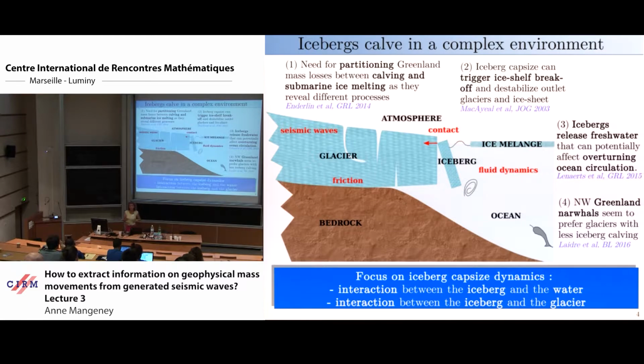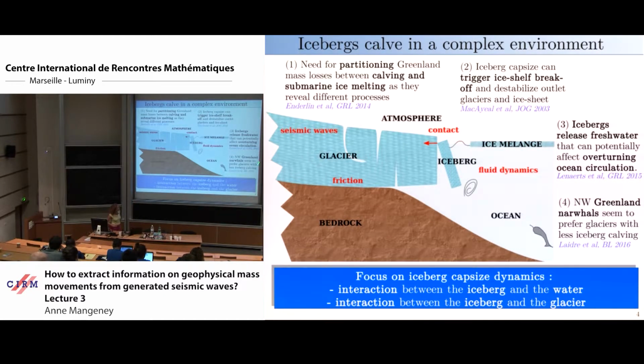In particular, oceanographers say that they don't really know how to quantify this. And people in global climate change also have simplified models for ice sheets, and they don't know what to put as calving laws, how many icebergs are lost. And this is something that we expect to be able to quantify thanks to our seismic analysis.